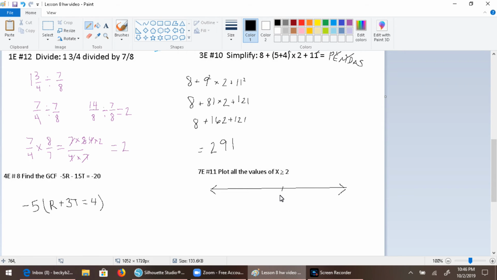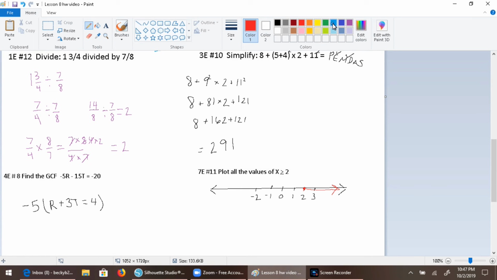I have 0, 1, 2, 3, and over here I'd have negative 1, negative 2, and so on. Because it is greater than or equal to 2, it could be equal to 2. So I color in the dot here. And then I color in everything greater than. So x is bigger than 2, so it's everything this direction.